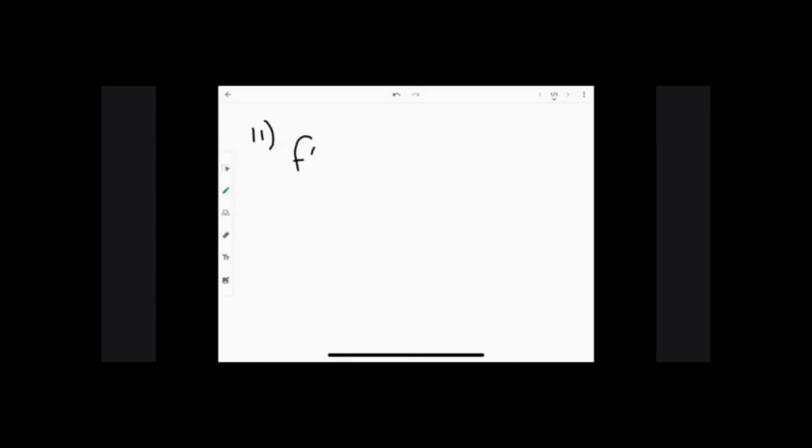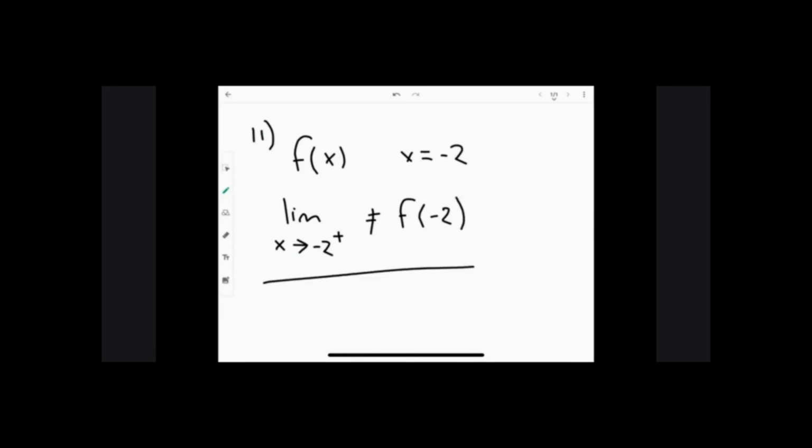Part 3 says that f of x is right continuous at x equals minus 2. In this function, we know that it's right continuous when the limit as x goes to minus 2 plus is equal to f of minus 2. And as we saw in part 2, they are not actually equal, so we know that it's not right continuous and that 3 is false.